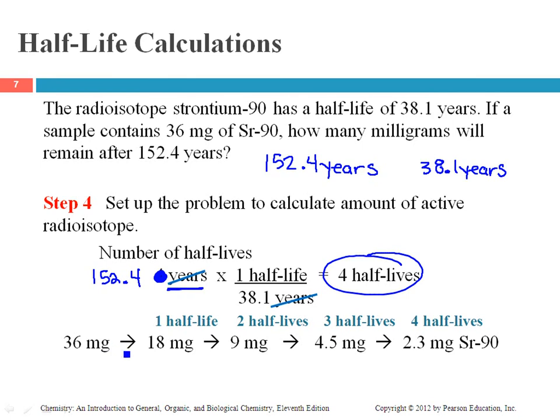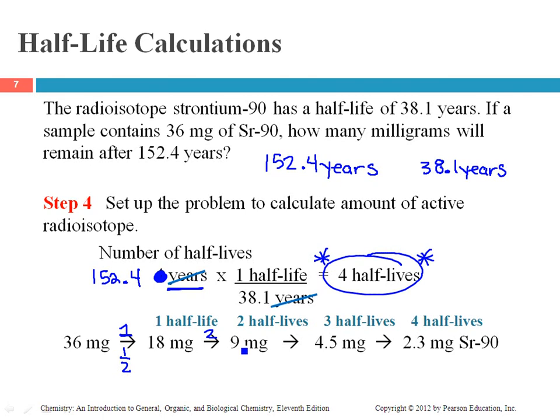If we take 36 and cut it in half, so take 36 divided by 2, you get 18. That was 1 half-life. Then we're just going to keep doing this as a running total in your calculator. That's 1 half-life, but we have to go 4 half-lives. So we take 18, divide it by 2, and we get 9.